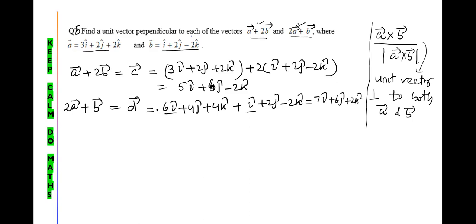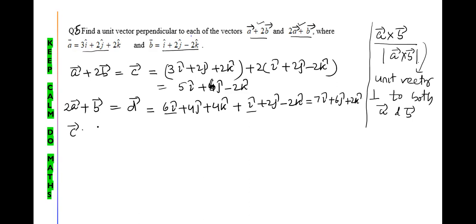Now C and D vectors. So we want what? A unit vector perpendicular to each of the vectors C and D. The unit vector perpendicular to both A and B is A cross B by magnitude of A cross B. So it means we need C cross D first.